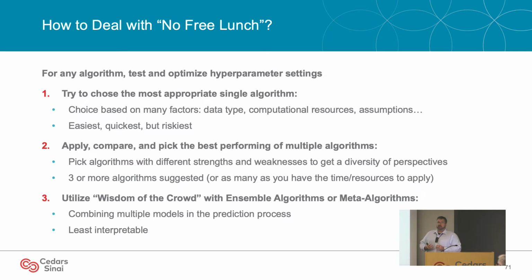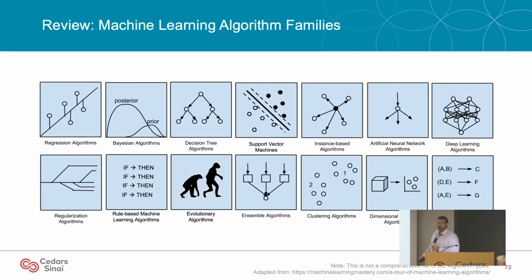The idea being that, on average, the votes of many experts are going to give you better results than relying on the same expert all the time. However, when you do this, your predictions are the least interpretable of all of these, because to understand how the prediction was made, you need to understand the contribution of all the people contributing to the decision.